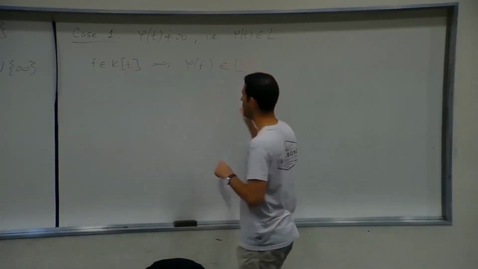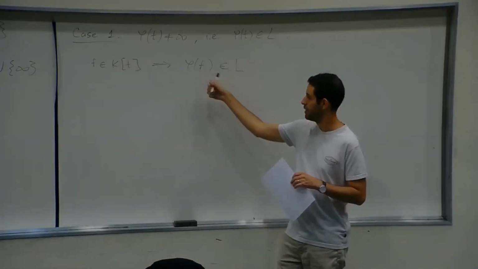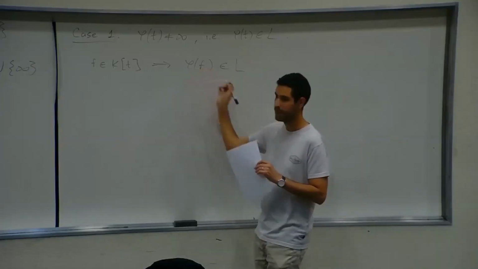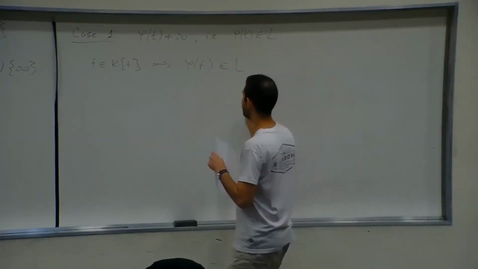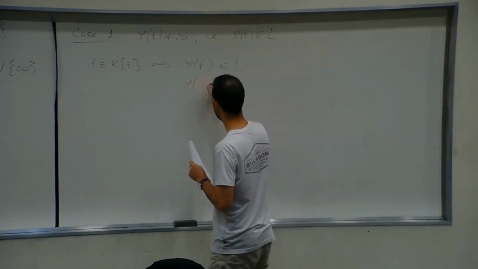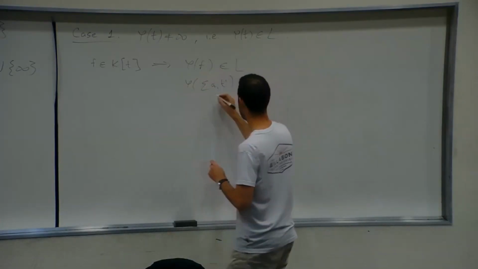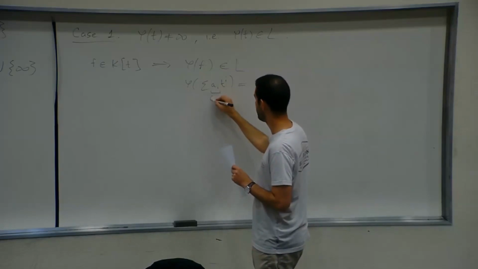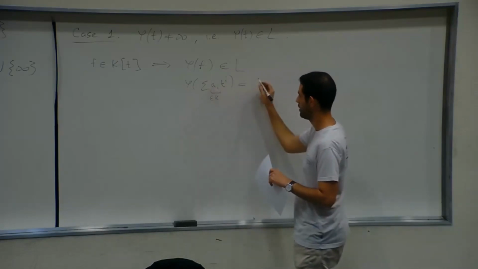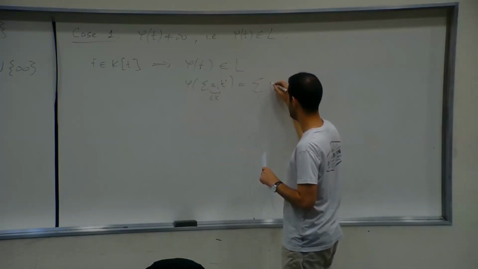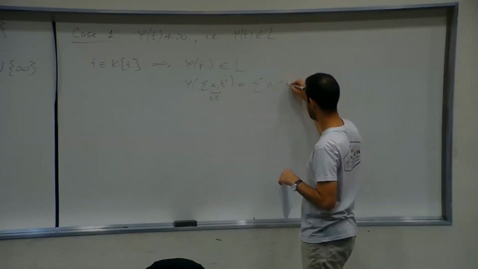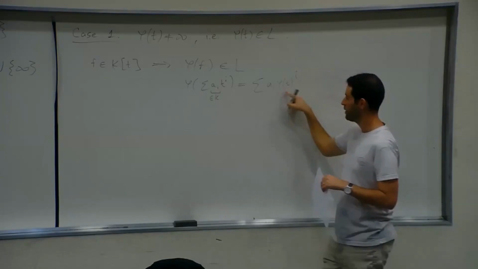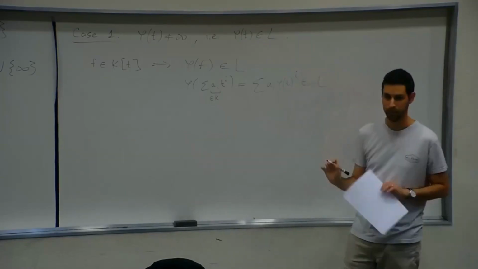It's also in L, because phi is a homomorphism. Phi of some polynomial in t should be a polynomial with coefficients in K, which are mapped to themselves, and phi of t is in L, so everything here is in L.